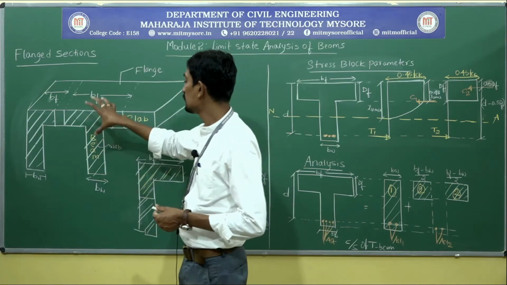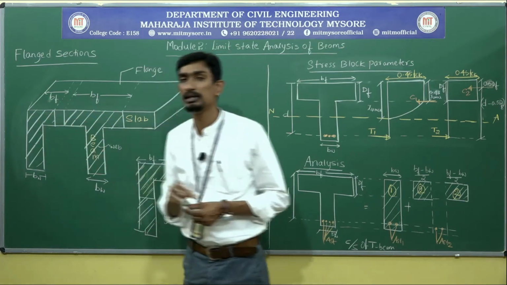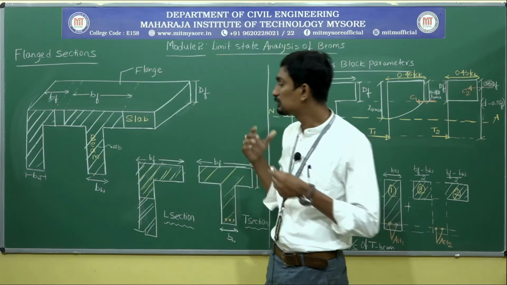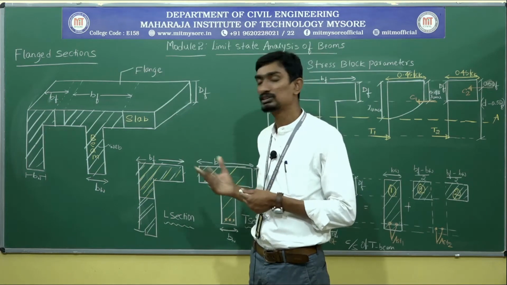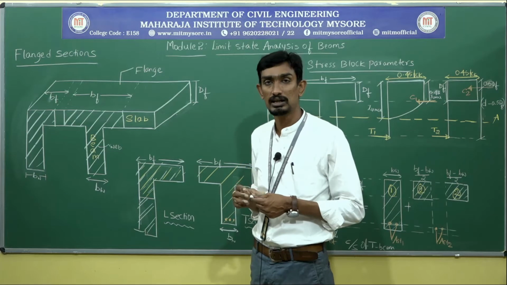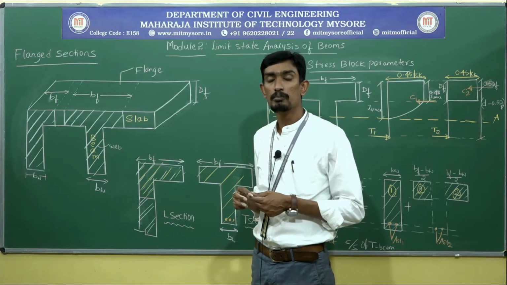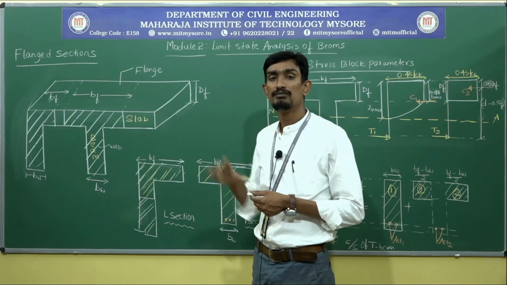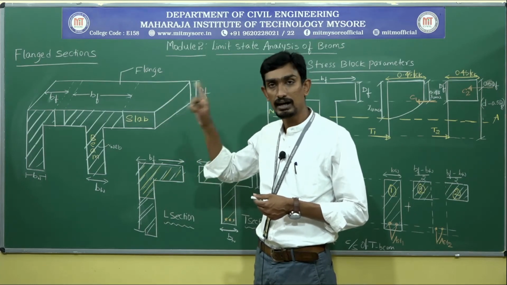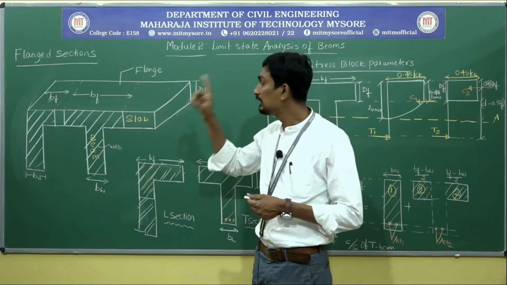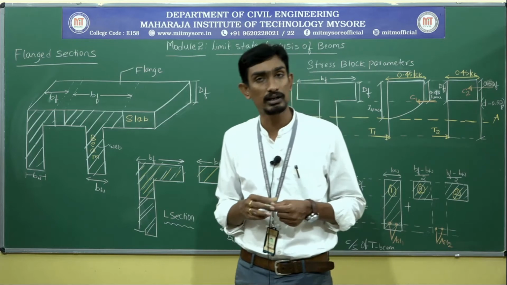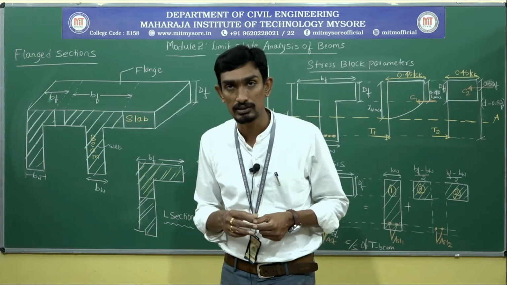The middle portion will be T, and the corner portion will be the L section. Why are flanged sections required? As I already said, to enhance the structural capacity. The moment of resistance of a flanged section will be more than that of a rectangular section, and flanged sections are commonly used in practice compared to rectangular sections.